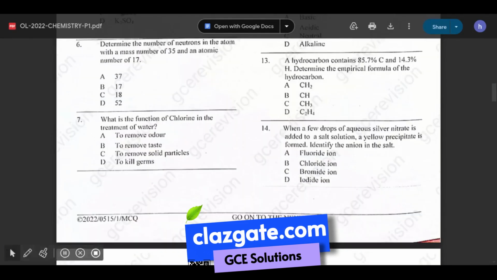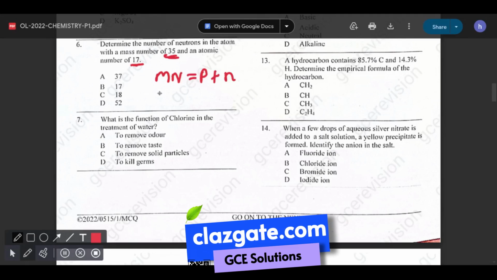Question number 6 is asking us to determine the number of neutrons in an atom with mass number 35 and atomic number 17. We know that mass number is equal to number of protons plus number of neutrons.